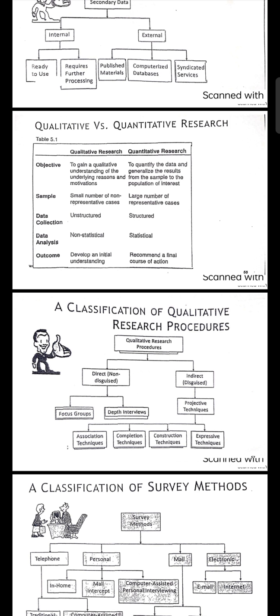So I just summarize that qualitative is a small number of non-representative cases. When they do qualitative research and collect the data, when they ask questions, it's an open-ended question. Like, what do you think about houses in, for example, Montiala?